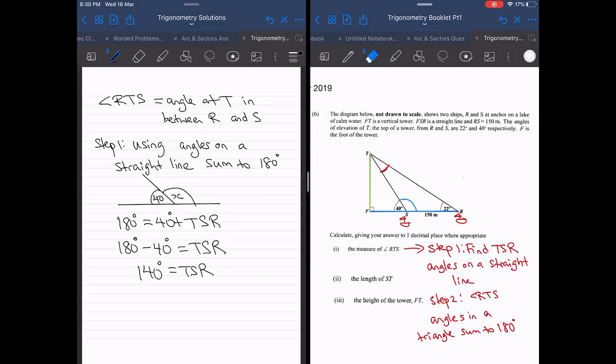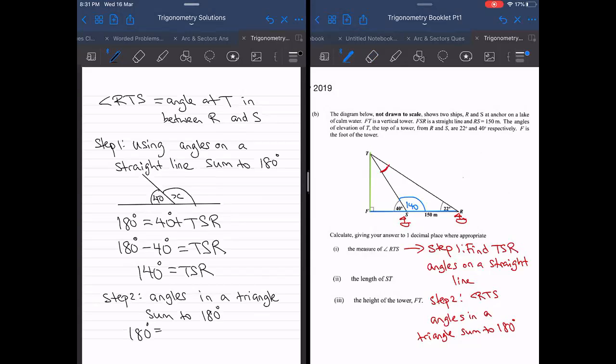All right, so what we're saying is that this is 140. Then for step 2, which is the same thing we were just doing for the person who had asked me the question earlier, angles in a triangle sum to 180 degrees.